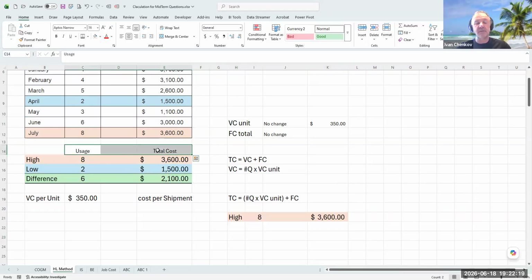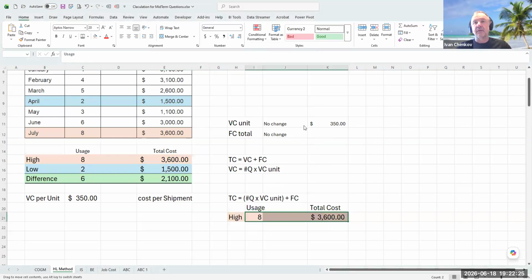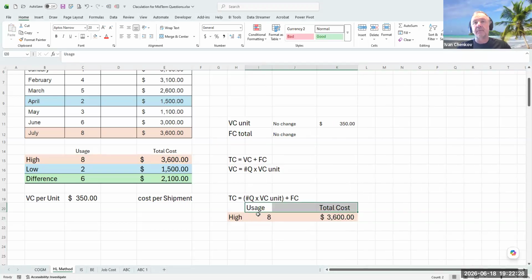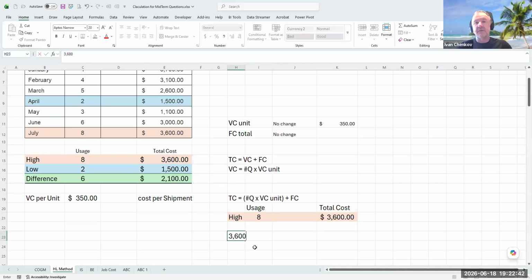Let's copy this so you can see it. So substituting in the previous formula, total cost, which I already know is $3,600, should be equal to bracket number of the usage. I know I'm using it 8 times, 8 times the variable cost, which I know is 350.